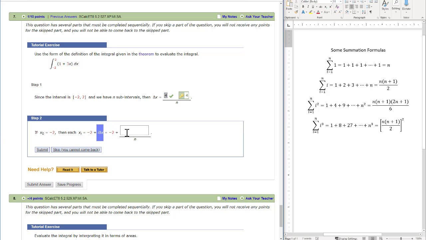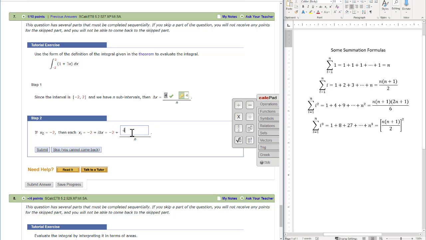So our delta x is actually equal to 4 over n. So this is going to be 4 over n times your i variable here. So let's make sure that we include i.